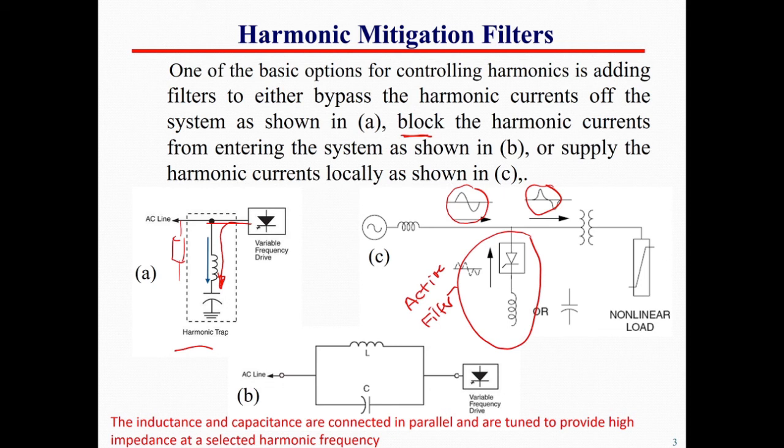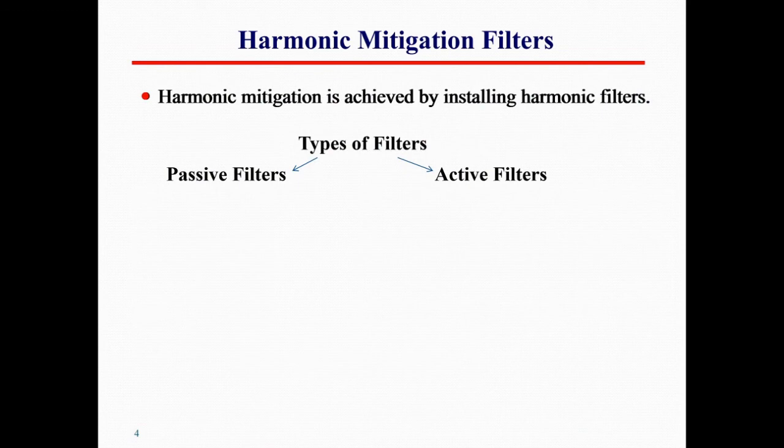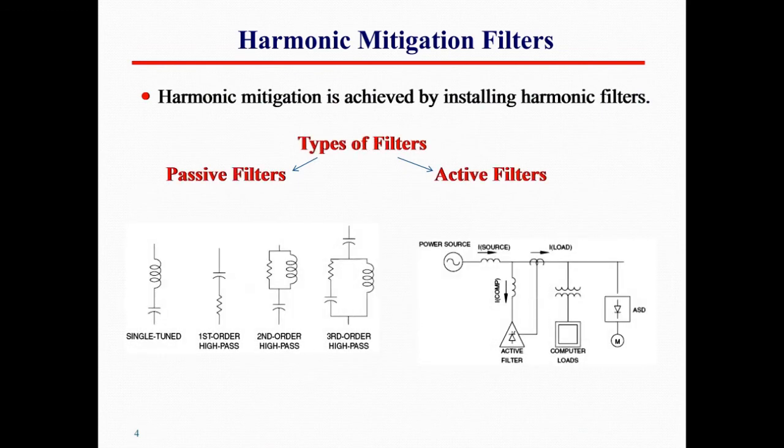As a result, the current that is taken from the source will appear to be sinusoidal. Okay, so we're going to talk inshallah later on about the active filter. Of course, the active filter is more expensive compared with the passive filter. Okay, so we have passive filter, we have active filter.